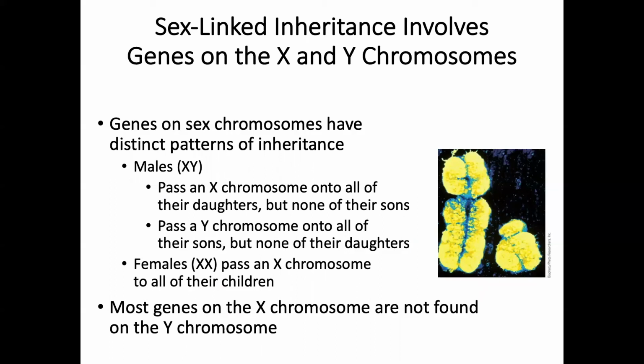The picture here is a scanning electron micrograph of X and Y chromosomes. You can see that the X chromosome is a lot bigger than the Y chromosome. Actually, most genes on the X chromosome are not found on the Y chromosome. This gives rise to unique patterns of inheritance for genes on the X and Y chromosomes.